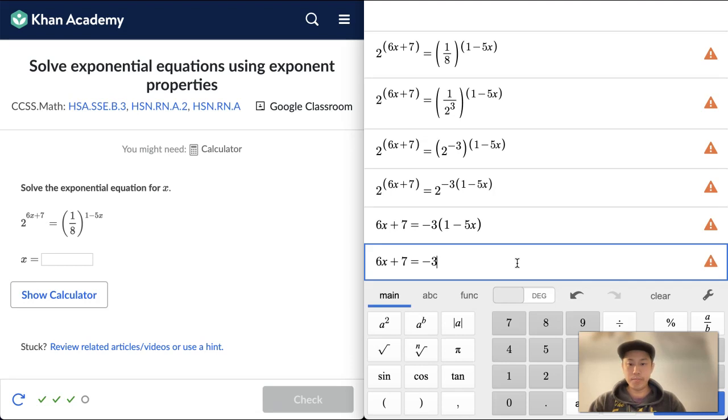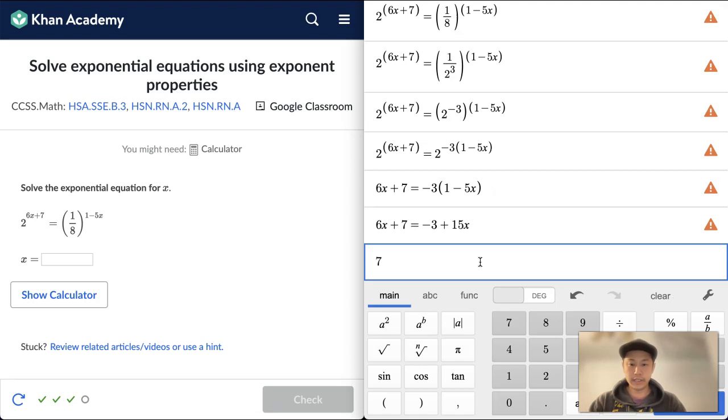It's negative 3 plus a 15x, negative and negative. Don't mix up the sign there. And then I'm going to choose to subtract 6x on both sides. I just want to keep this a positive number. Why not? Okay, so I'm going to subtract 6x on both sides, which gives me a plus 9x.